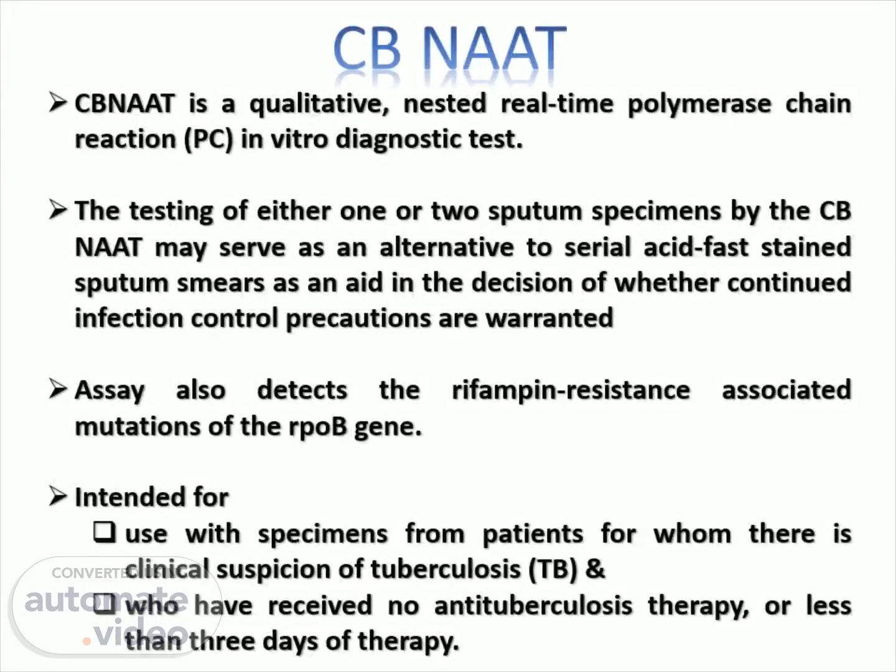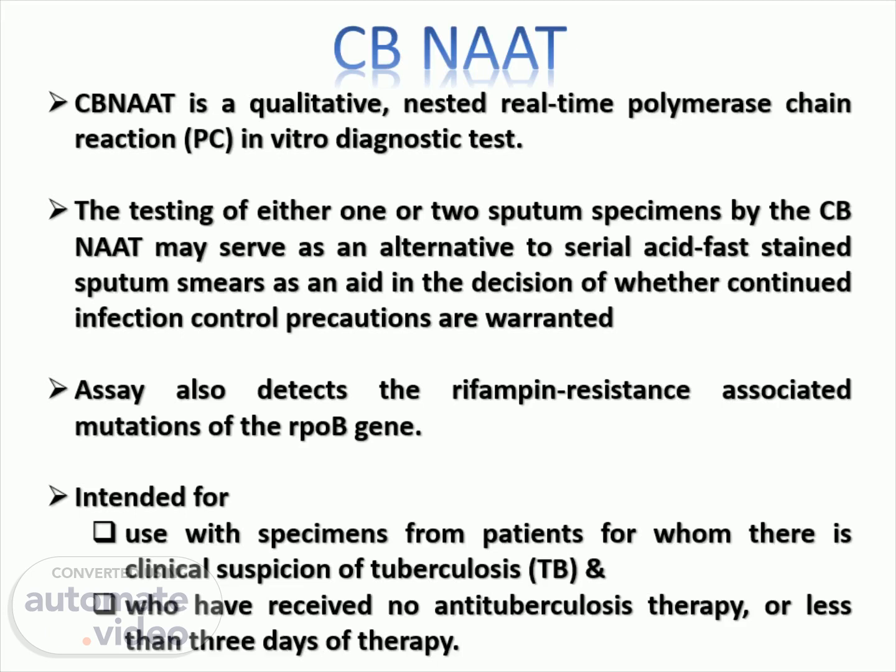Few points on CBNAAT. CBNAAT is a qualitative, nested real-time polymerase chain reaction, PCR, in vitro diagnostic test. The testing of either 1 or 2 sputum specimens by the CBNAAT may serve as an alternative to serial acid-fast stained sputum smears as an aid in the decision of whether continued infection control precautions are warranted.